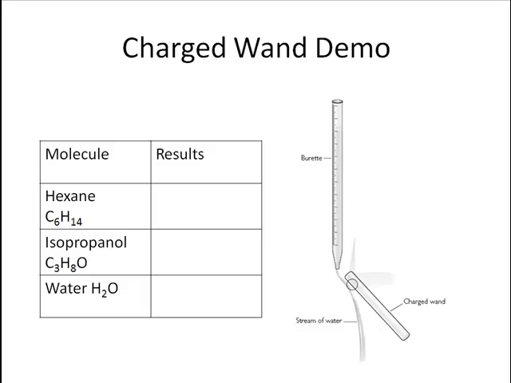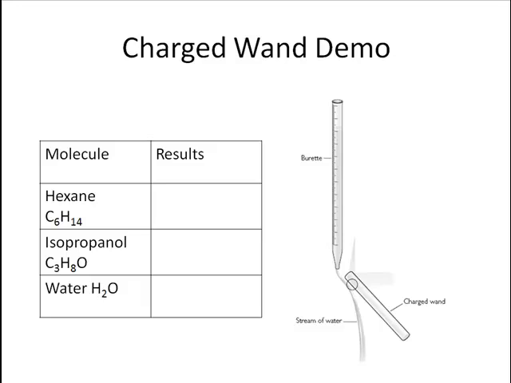So, if you look right up here, we have 3 burettes. In these burettes, we're putting different molecules. This first burette here, I happen to have water put into the burette. The second burette has hexane.